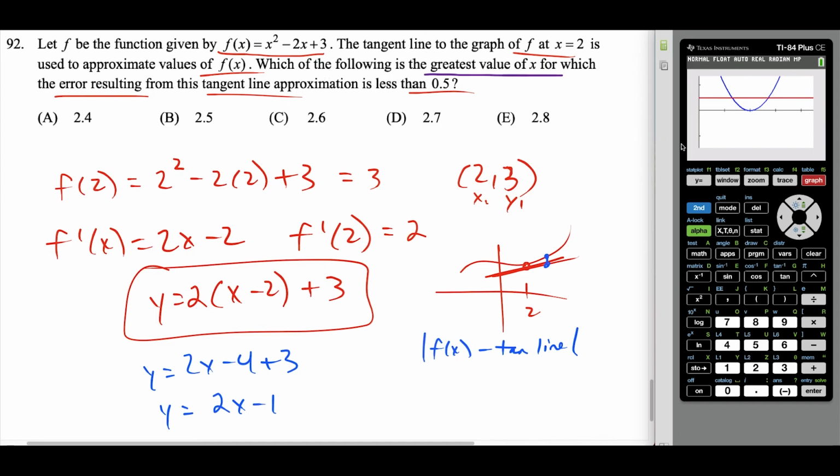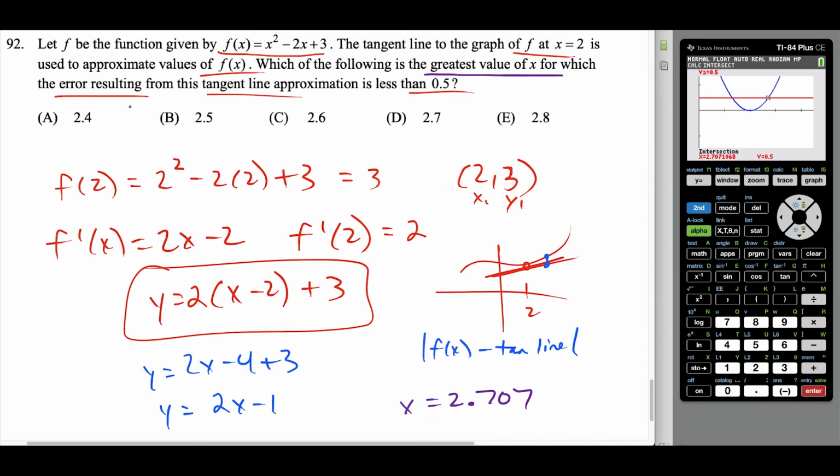So I'm going to press second trace number 5, and I'm looking for the second intersection point, because I want the greatest value of x, not the least value of x. I trace this point of intersection here, and that's at x equals 2.707.